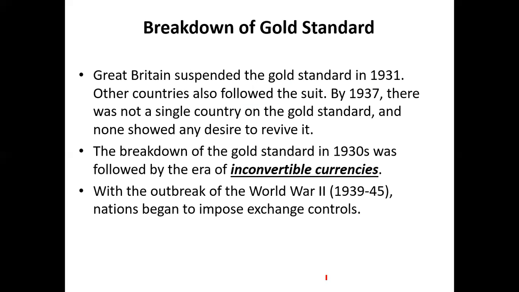Great Britain suspended the gold standard in 1931. They said it could not be continued. Other countries also followed suit. By 1937, there was not a single country on the gold standard, and none showed any desire to revive it.